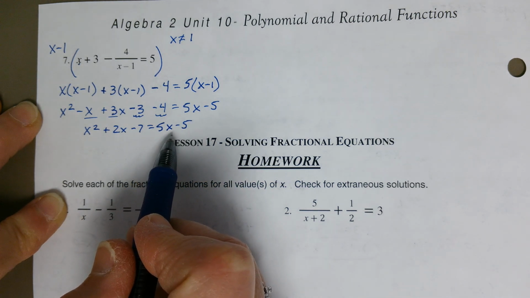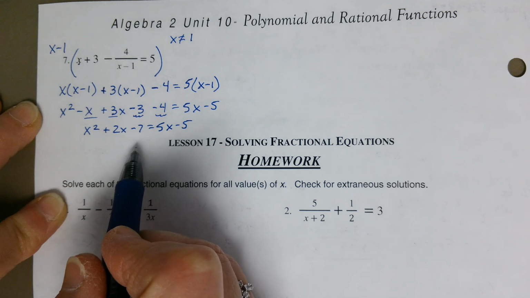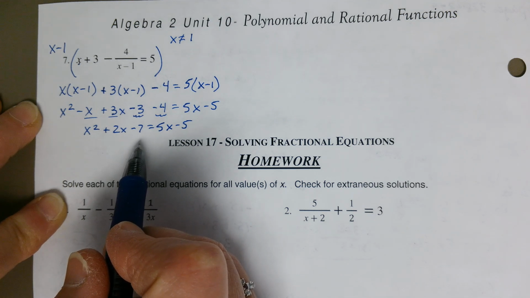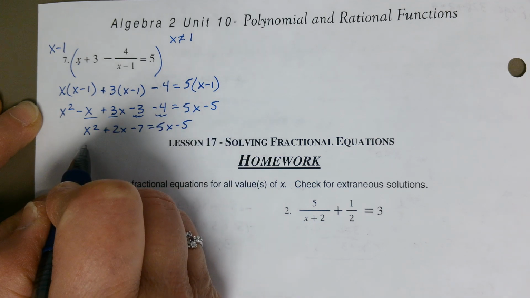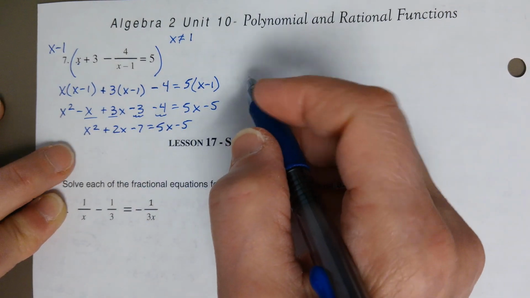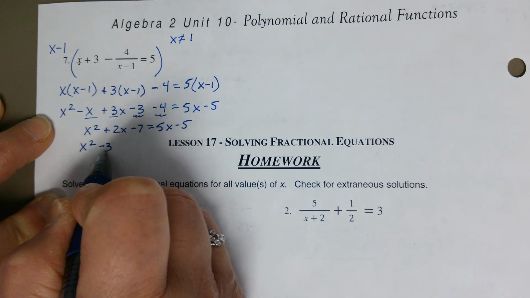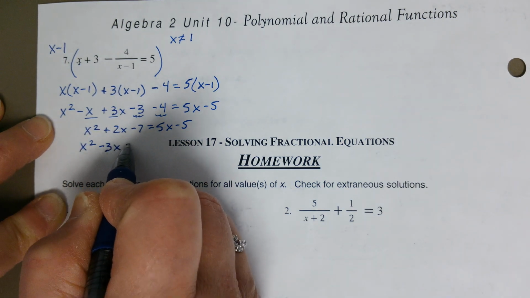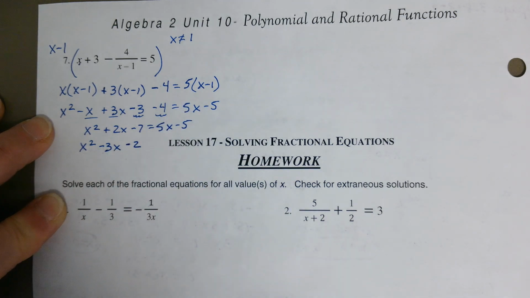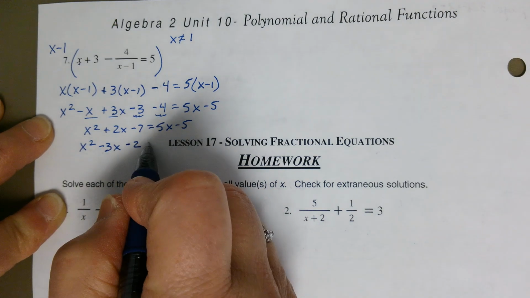Bring these two terms over to the other side. X squared minus 3x minus 2 equals 0.